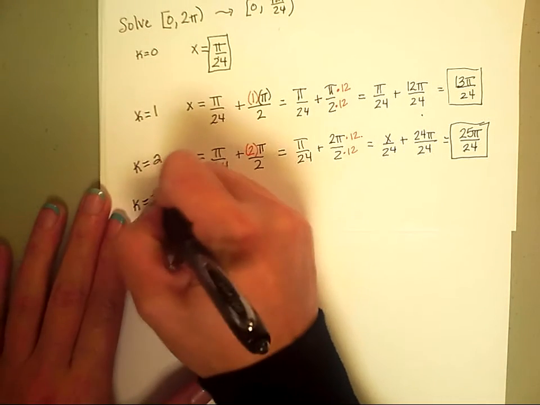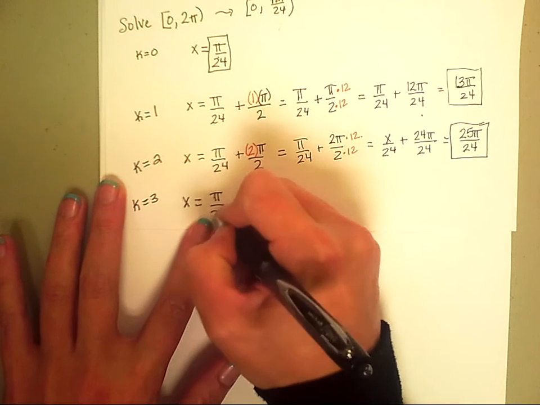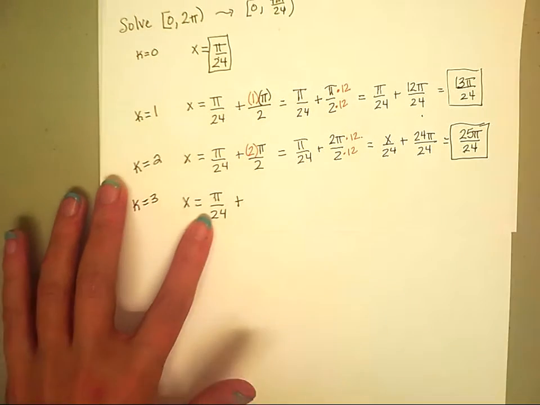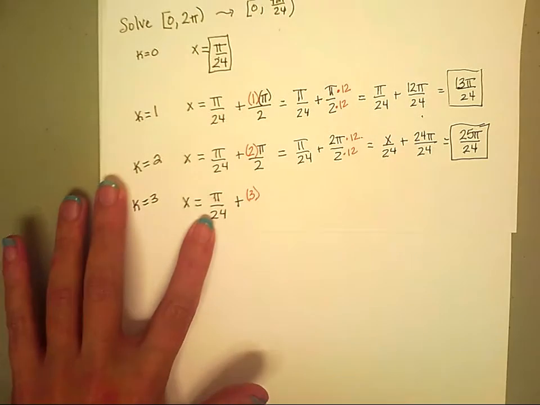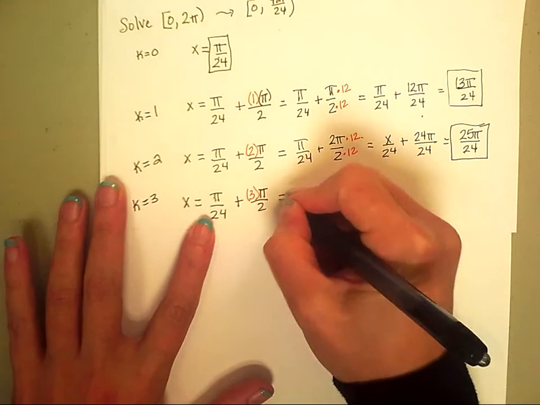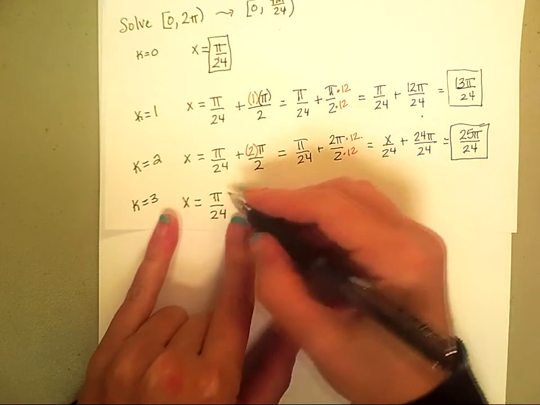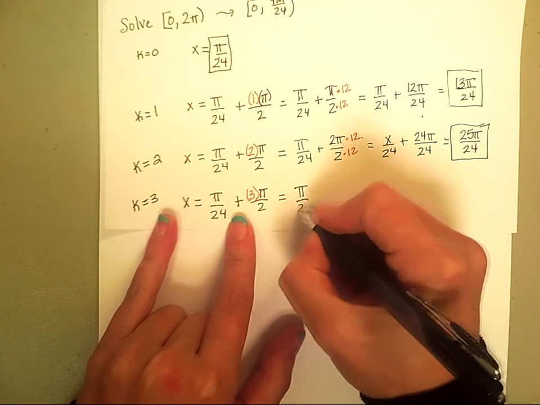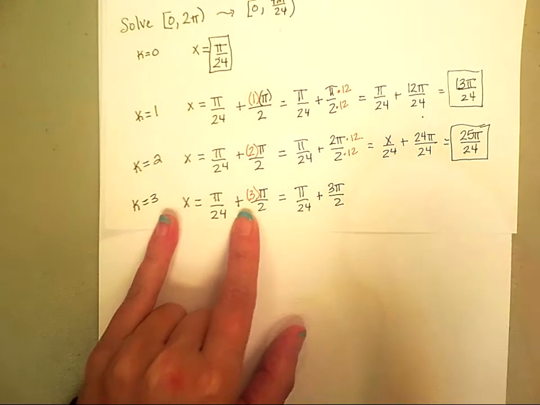And if we let k equal 3, x is equal to π over 24 plus 3 times π over 2. And now it's just straight algebra. Actually, it's just arithmetic, really. π over 24 plus 3π over 2.